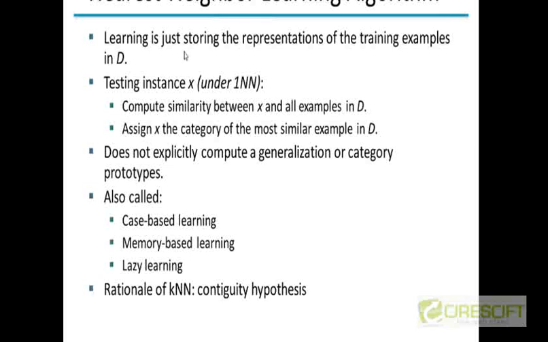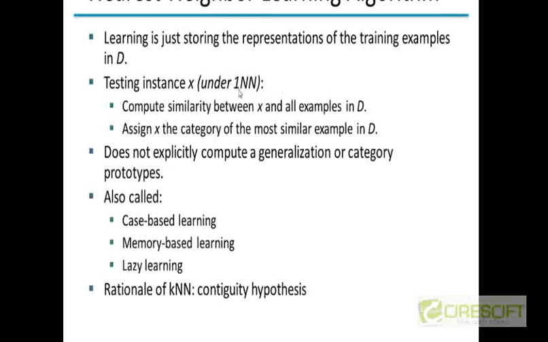In the Rocchio algorithm, we were doing some work. We were computing the prototypical vector for each class, which was the centroid. But here we are not doing anything. Each document remains as a separate point in the vector space. There is absolutely nothing else we do. It's only in the test phase that we compute which documents are closest to our test document.